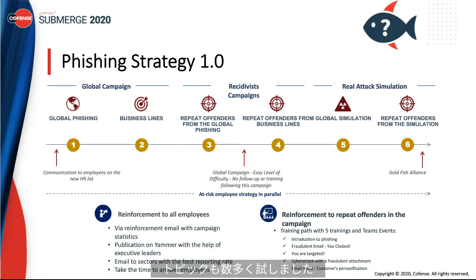We tried different topics. We did lots of things to train people, to get people used to receiving phishing, and to explain what phishing is. Every time someone clicked on a link, they had to follow a training path.